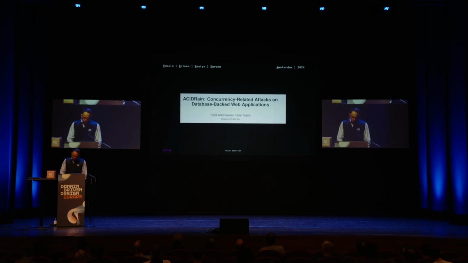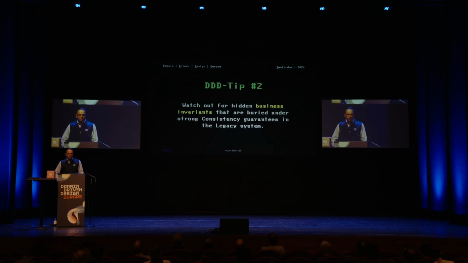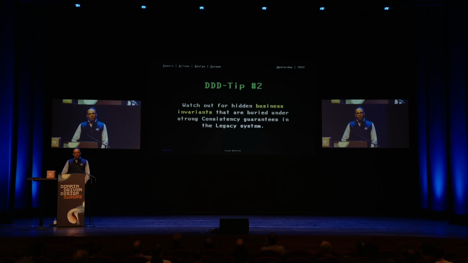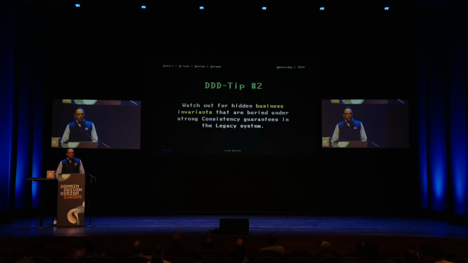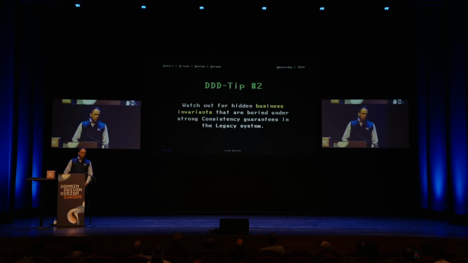And this leads me to the second recommendation: if you want to restructure a monolith, you really have to watch out for business invariants that are buried under strong consistency guarantees. Because if you think about it, no business analyst would tell you that the daily limit should not be overspent, because this is just clear from the wording.